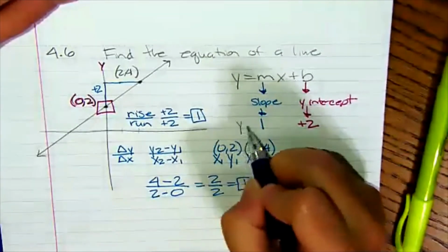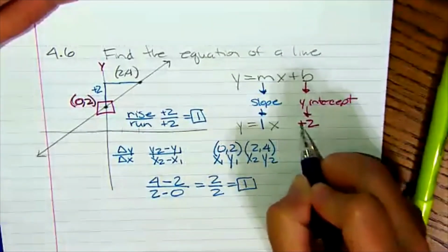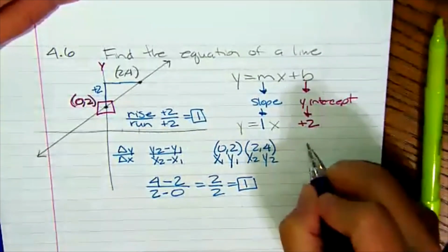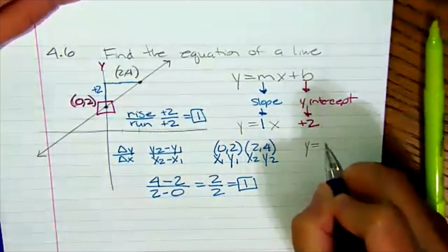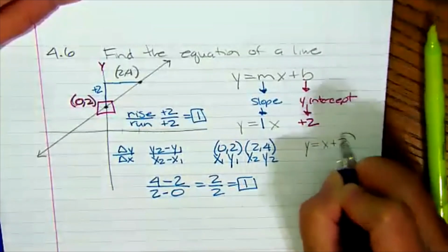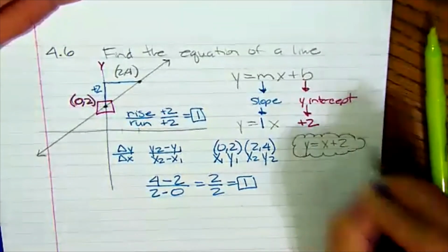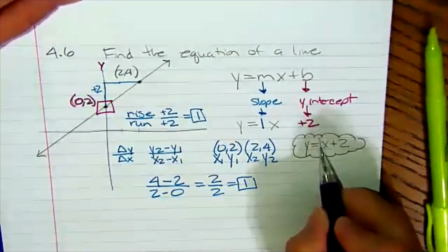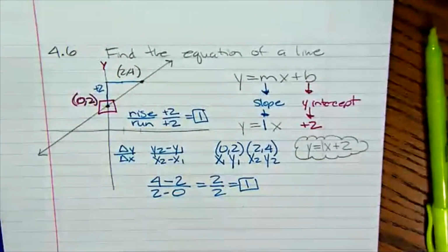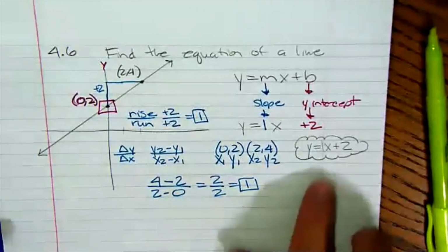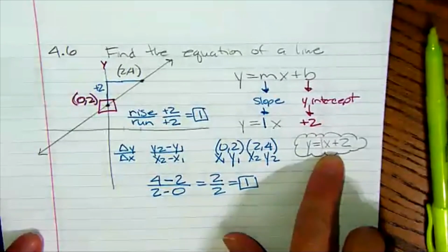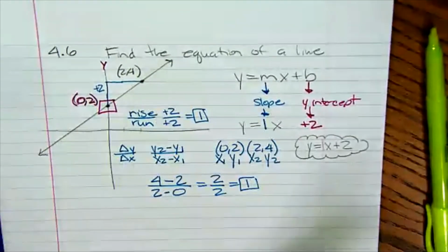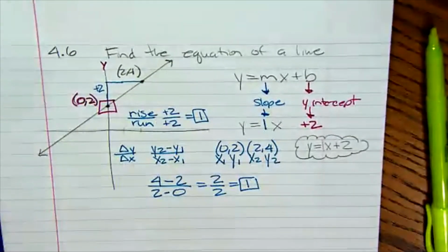So y equals 1x plus 2. Here's my equation. And the 1 is implied. It's invisible. So we've now written the equation for that line. This is what we are reviewing today, 4.4 and 4.6.